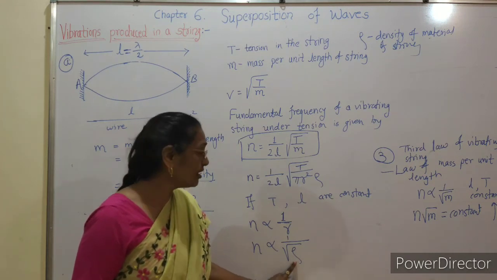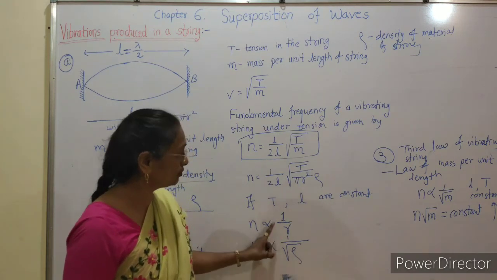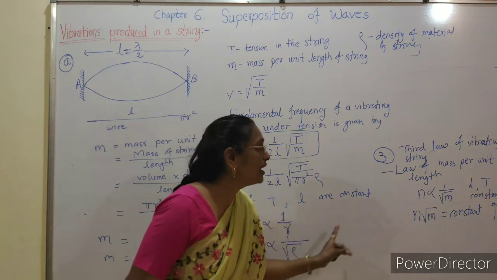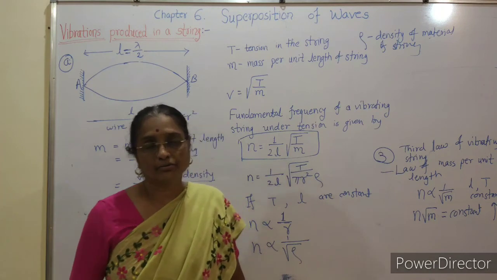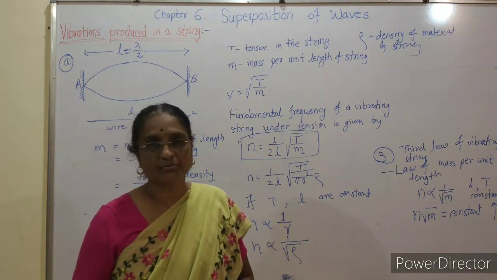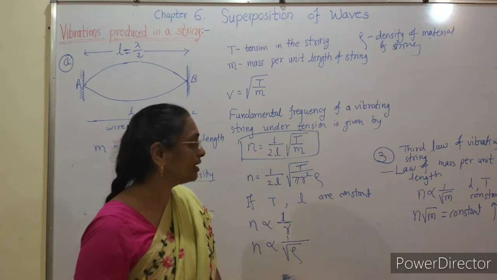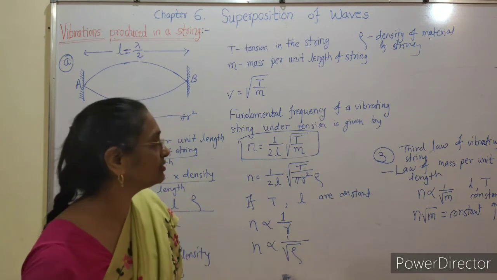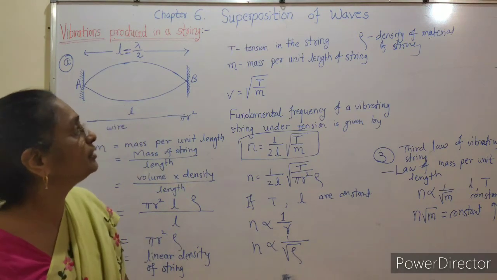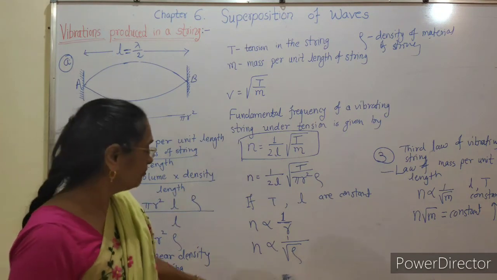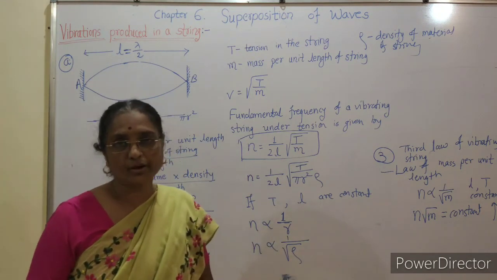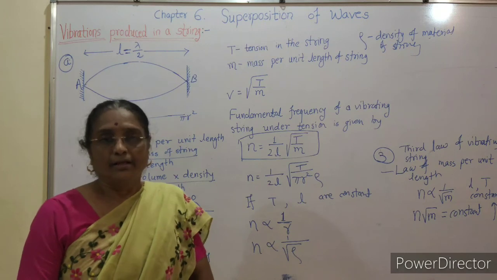So these are two more conclusions that can be written for the solution of some numerical problems as well as MCQ. There are four quantities like T, M and L related with N, but these two more quantities we have to relate.